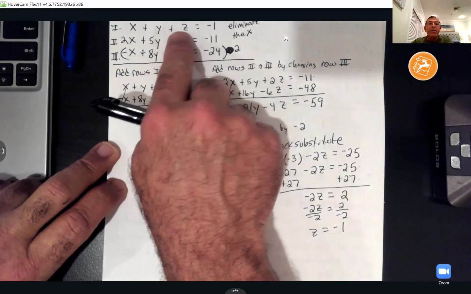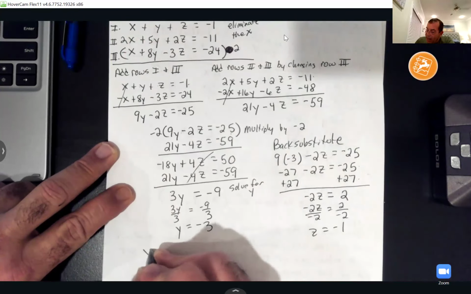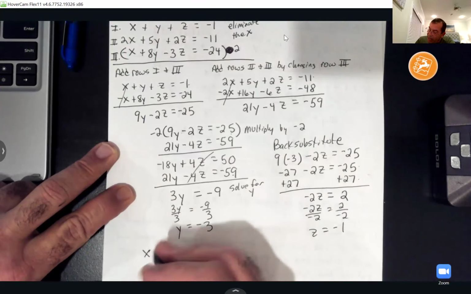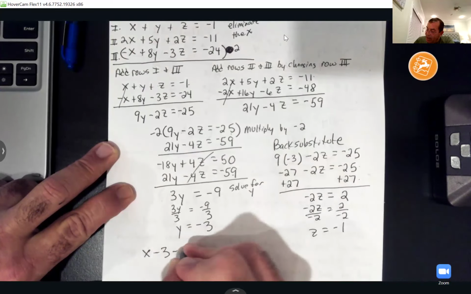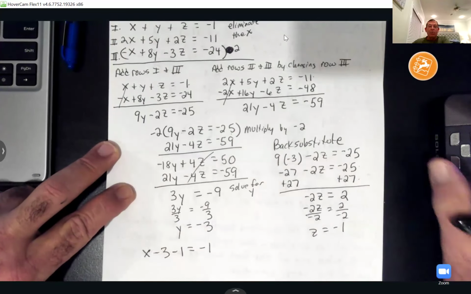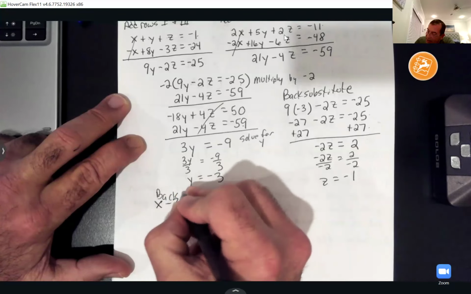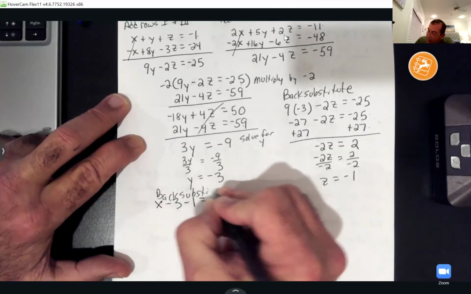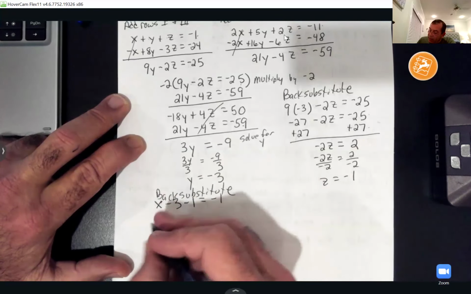So I'm going to plug it into this first equation. I have x plus y, which is -3, plus z, which is -1. All that has to equal a -1. So this is my last back substitute. All right, y'all, like terms over here.